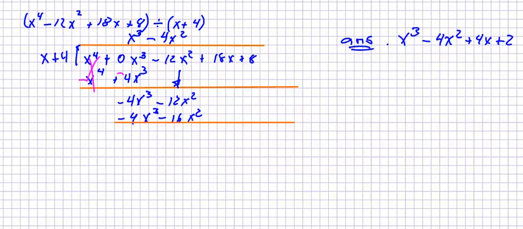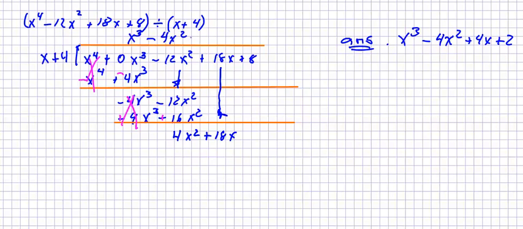All right. We subtract, change the signs. These cancel as always. Negative 12 and positive 16 is 4x squared plus 18x, bringing this 18x down.